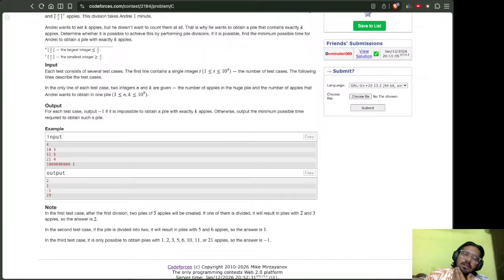Moving with the 10 will not yield a pile of 4, because we get 5 and 5, then 5 divides into 2 and 3. If we go with the 11 pile, we get 5 and 6, then 6 can be 3 and 3. So 4 is not possible.